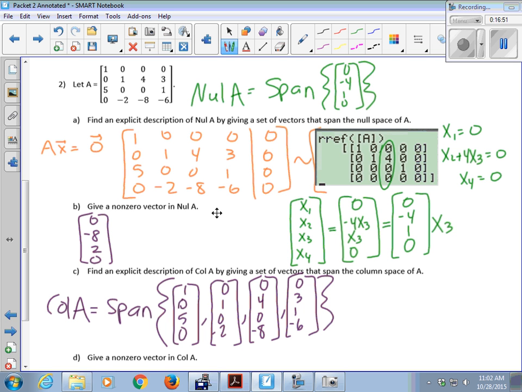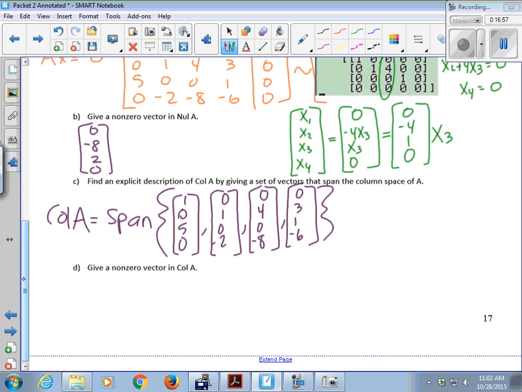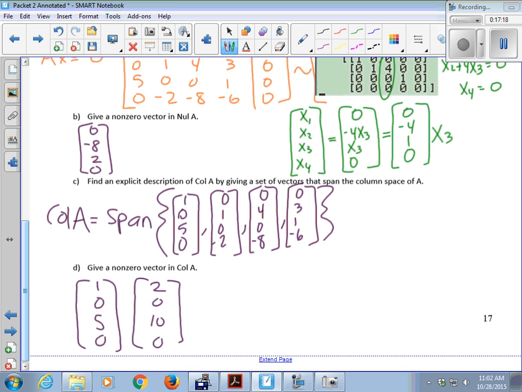Okay. All right, give me one non-zero vector in the column space of A. 1, 0, 5, 0. Somebody give me one non-zero vector in the col of A that's not one of the original ones listed in the spanning set. 2, 0, 10, 0, sure. 1, 1, 5, -2, good.